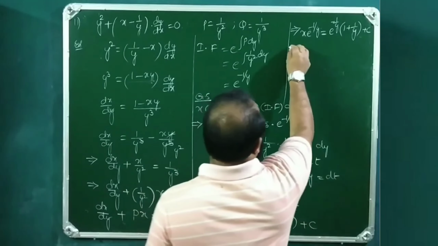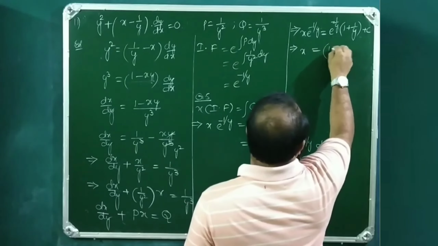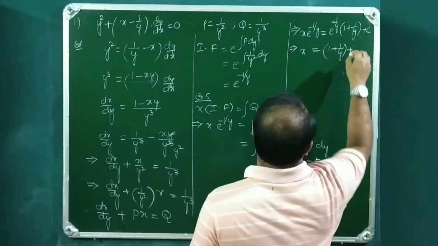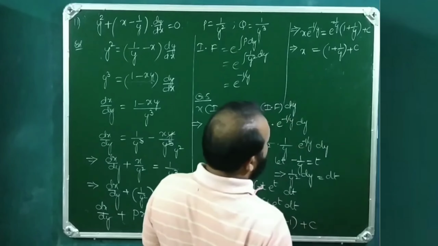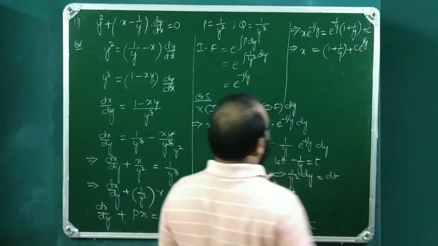So x equals 1 plus 1 by y plus c by e power minus 1 by y, which is c e power 1 by y.